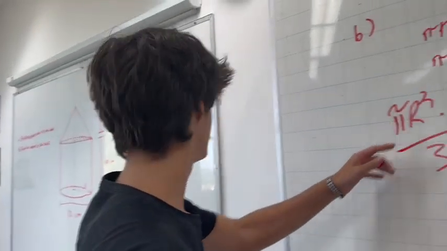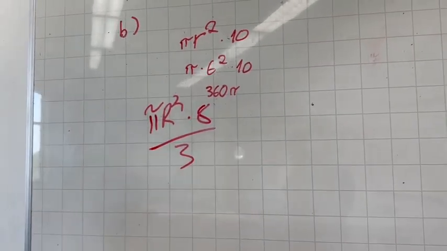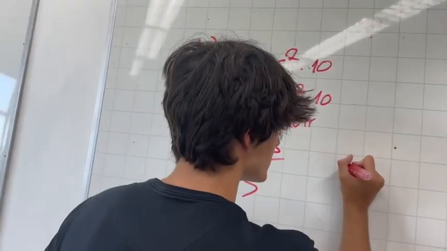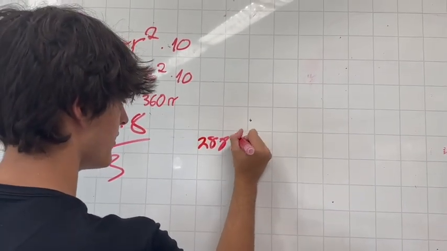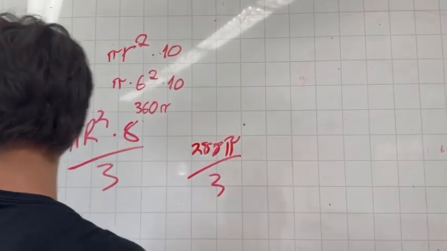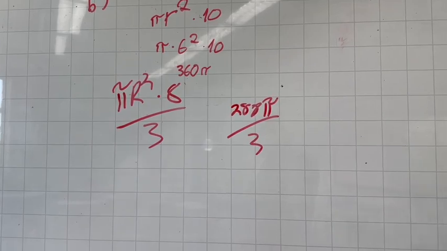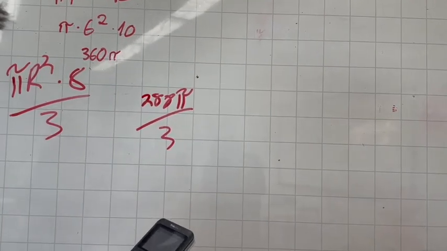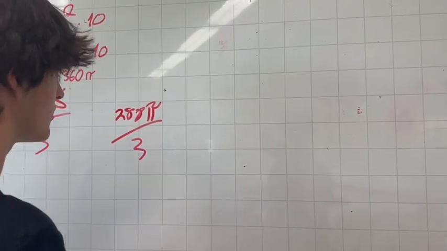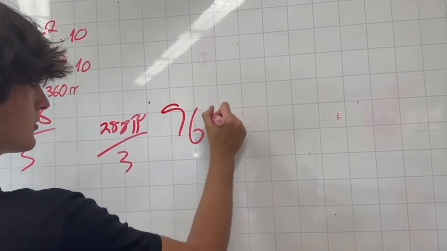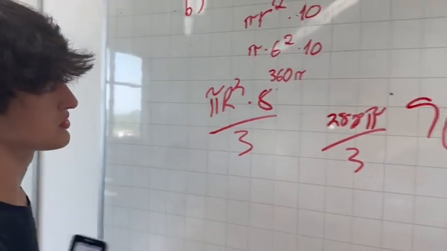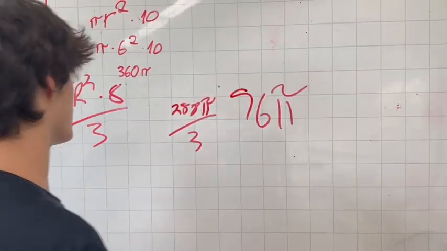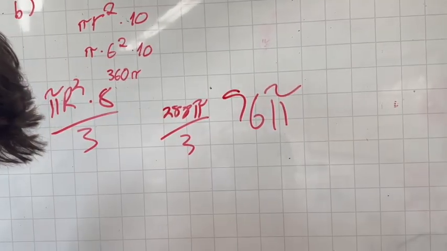Since we know the radius is 6, we do 36 times 8, which is 288 pi, divided by 3. If we plug that into the calculator, 288 divided by 3 equals 96, so 96 pi. And then we sum both of these up, which is 360 plus 96, which is 456 pi, of course.